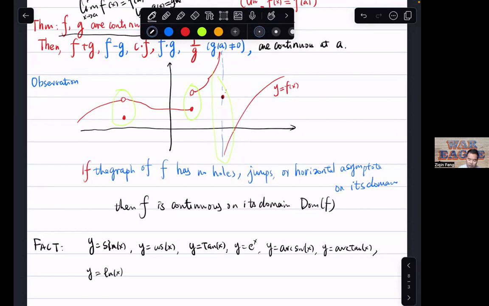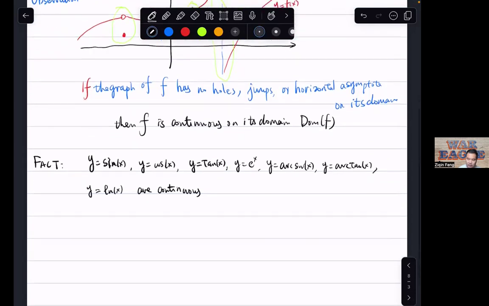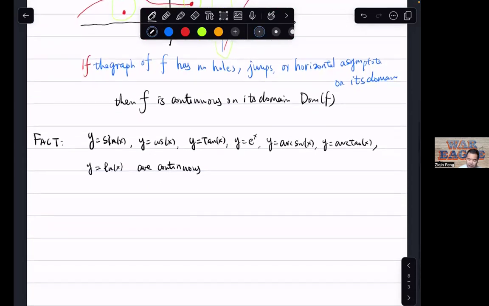All these functions are continuous on their domains. So that's what we have here.